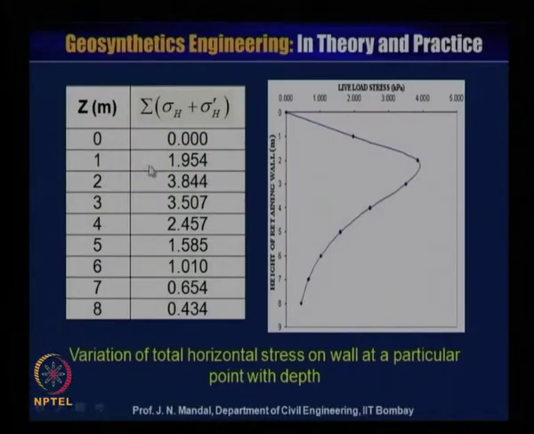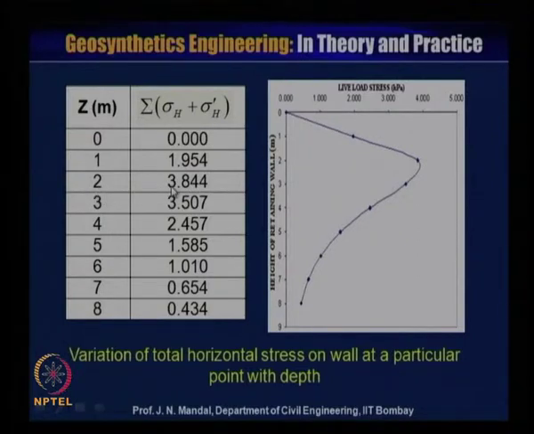So this is almost 4 times 0.62 and 4 times 0.262 at a depth 2, and if you calculate, you can obtain at a depth 2 about 3.844. That is the summation of sigma h and sigma h dash at depth of 2 meter.